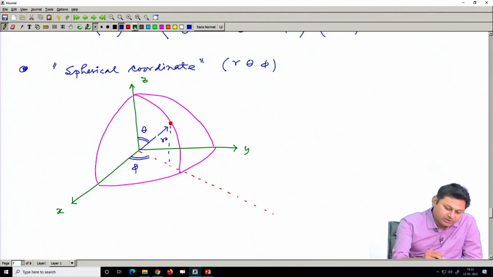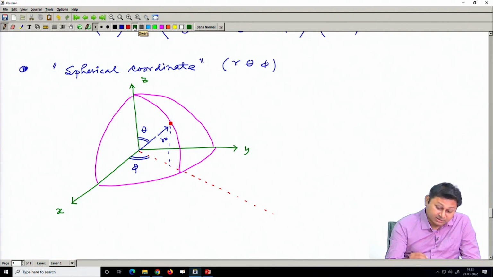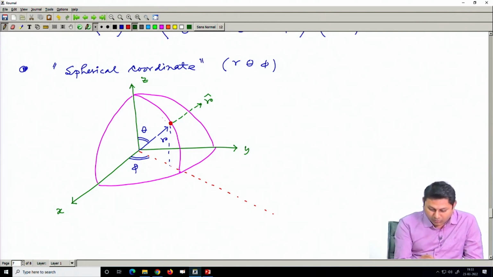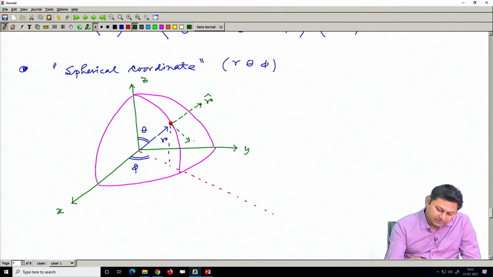Now, what should be the unit vectors, because we are more interested in the unit vectors here. Along this direction it should be the unit vector r. I have a surface here. Over the tangent along this direction, because theta is from here to here, it should be the unit vector theta.